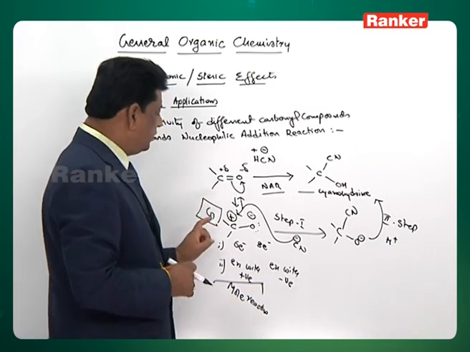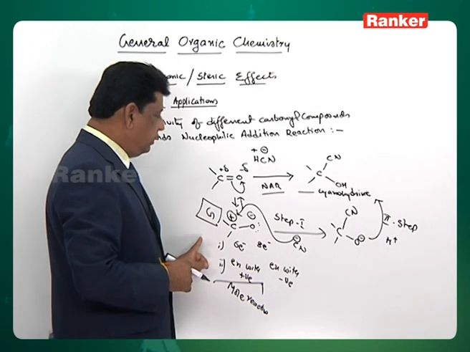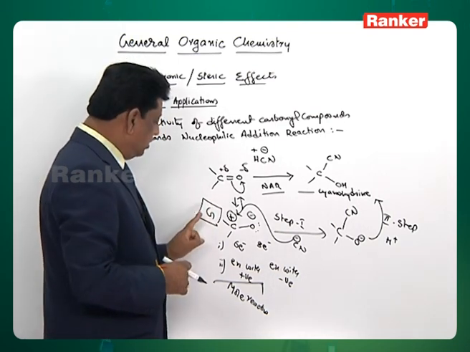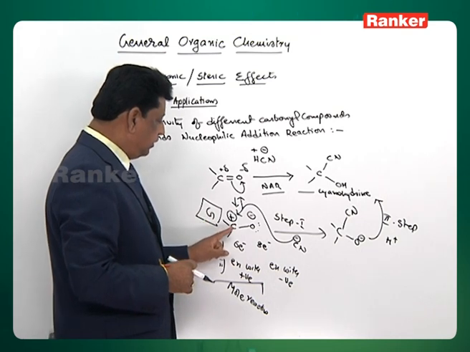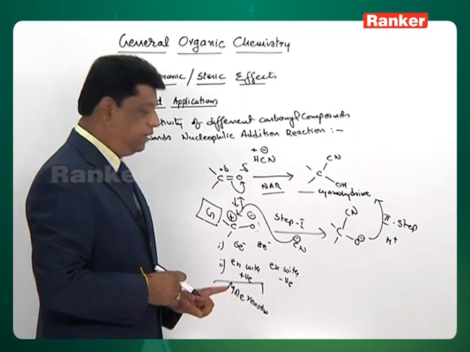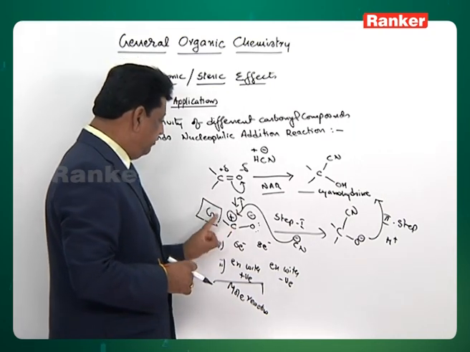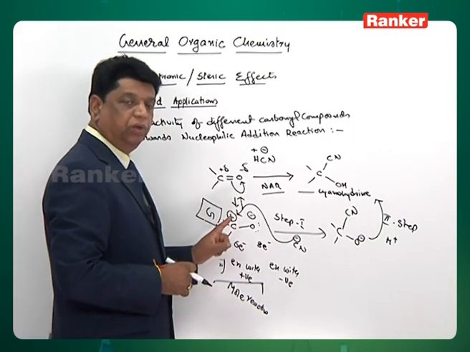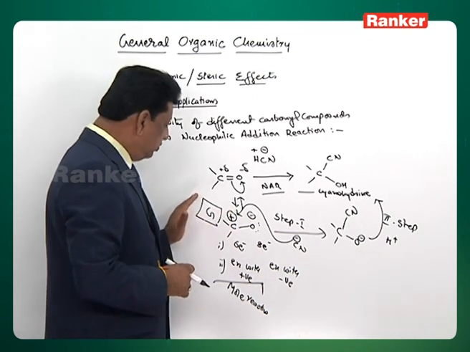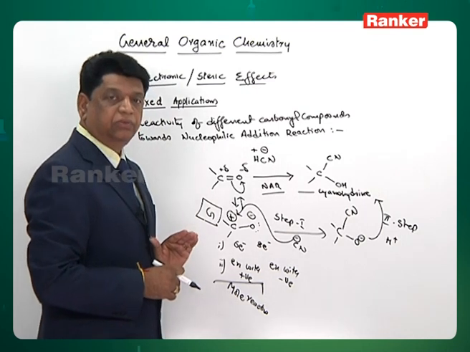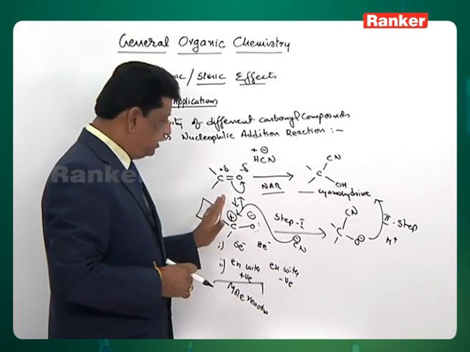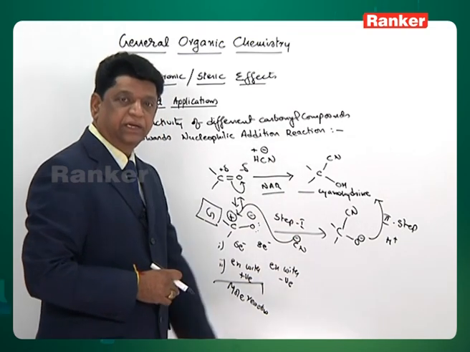So, how is this going to influence the mechanism, once again I will tell. The group attached to this carbon is not an intermediate, it is the starting material. If the starting material is stabilized by this group, neutralizing the positive charge, nullifying it through inductive effect or mesomeric effect, which cancels some of the positive charge, then the rate of reaction is going to decrease, right.